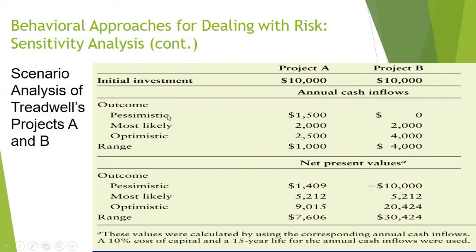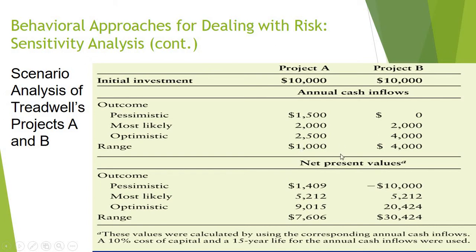Say, for example, pessimistic cash flows for project A is $1,500, whereas for project B it is completely zero. And if it is optimistic, project B provides much higher cash flows than project A.